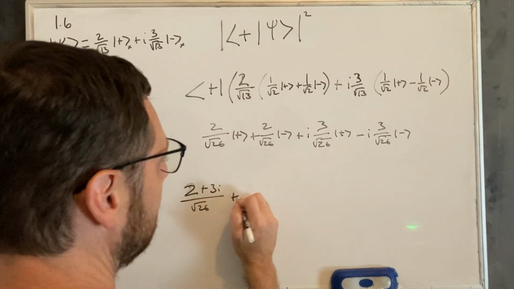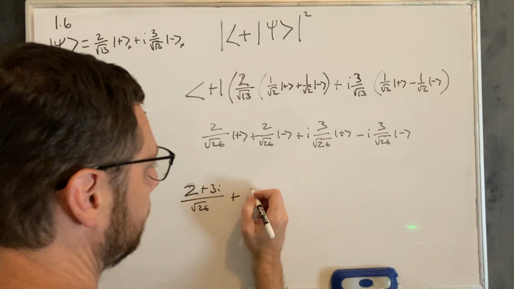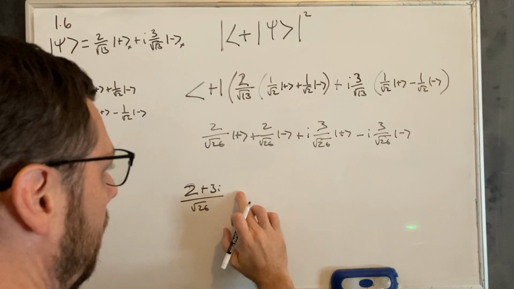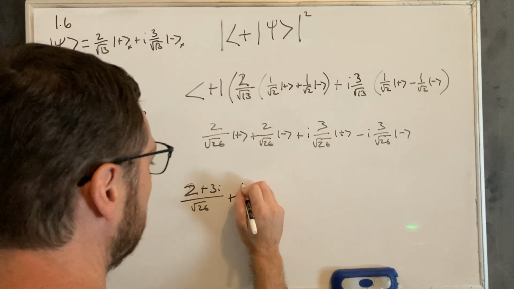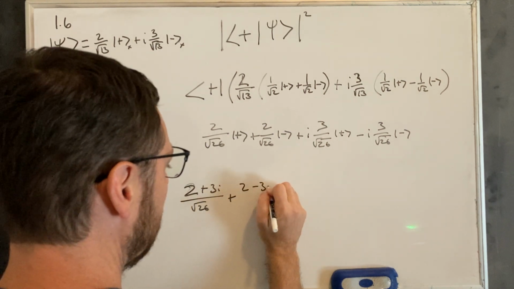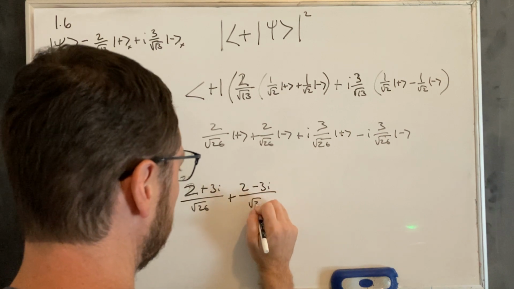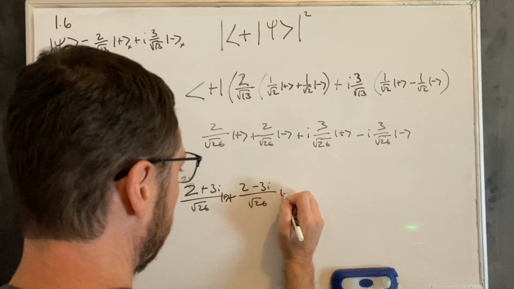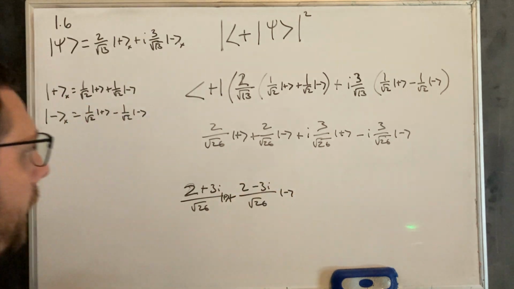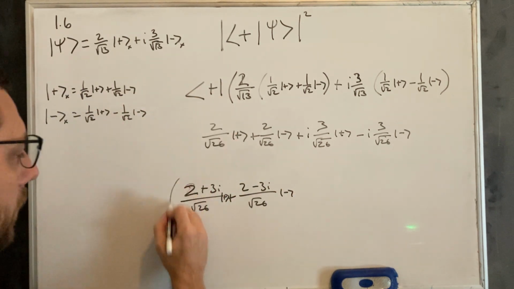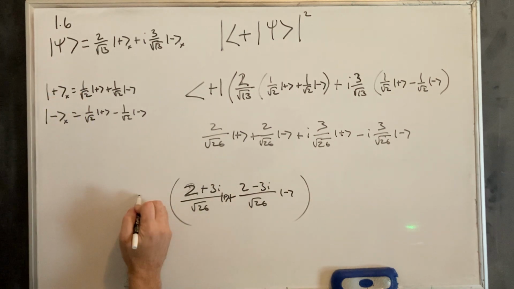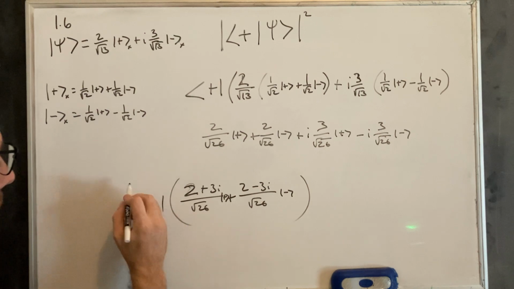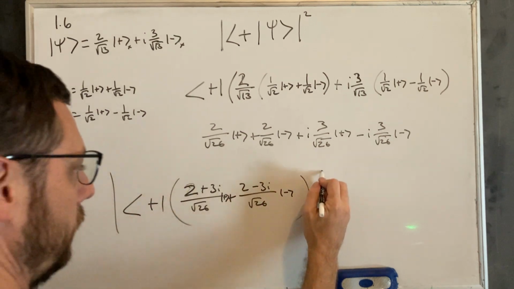And then we'll say plus 2 minus 3i over root 26. And that's up, and this is down. Okay, and then we still need to multiply our, because we're getting the probability for this to be in the up direction here. And this is all going to be squared.